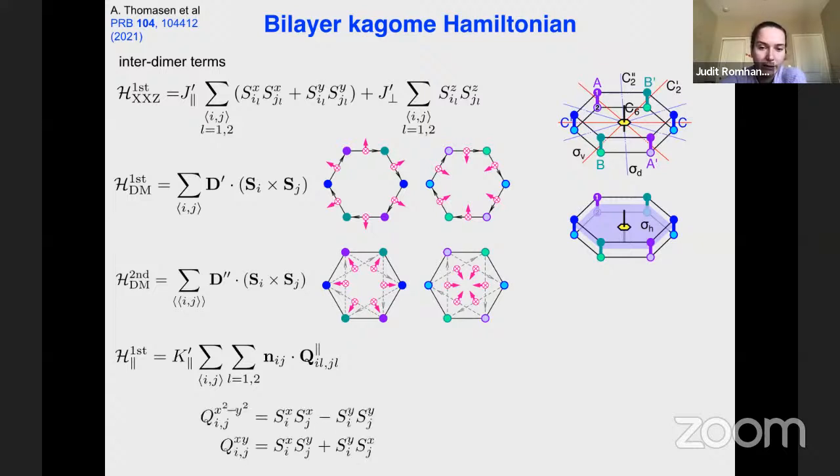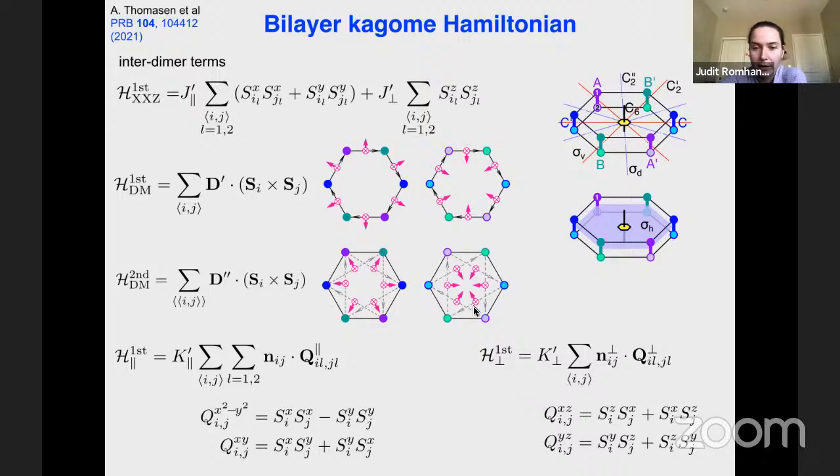Then we have nematic interactions, both in plane and out of plane, for these first neighbor bonds. The in-plane components contain the X and Y components of the spins, and the out-of-plane components are made of ZX and YZ, the symmetric combination of these operators.